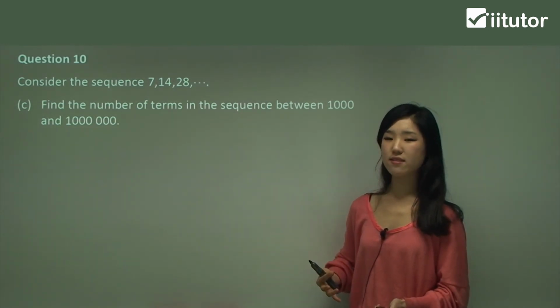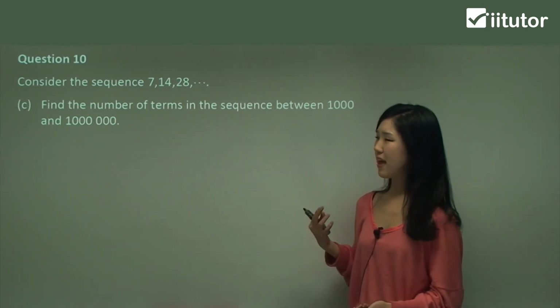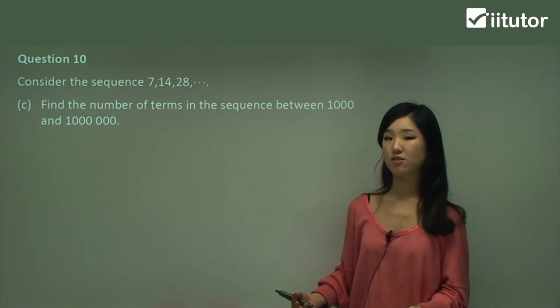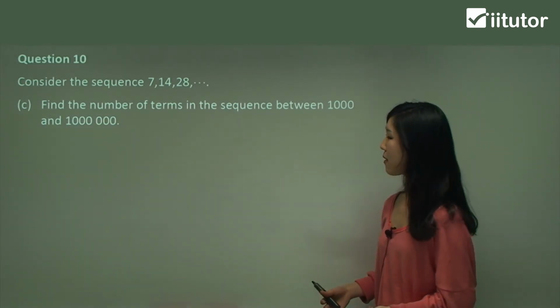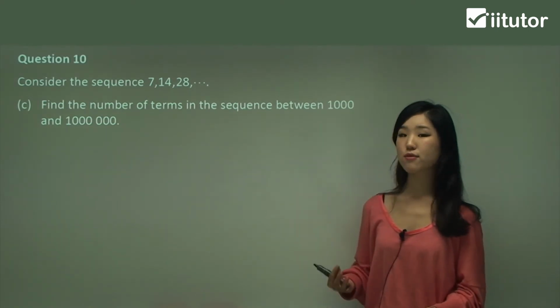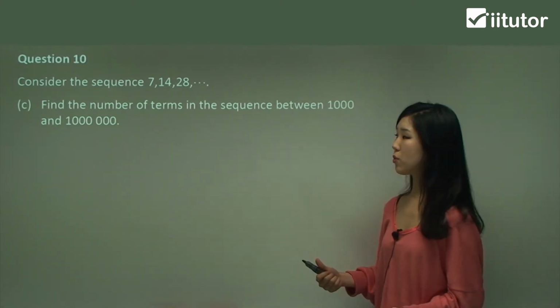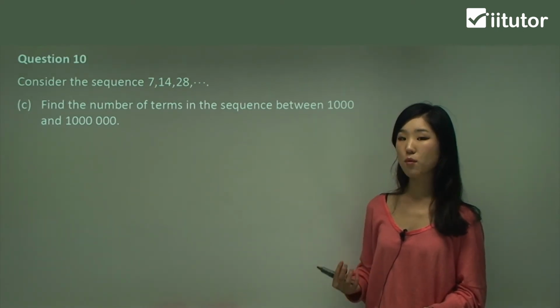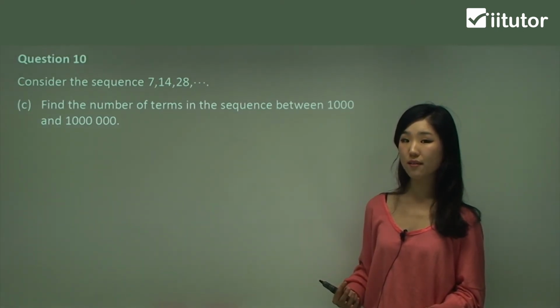And we found that it was the 18th term. And in part B we found the smallest 4-digit number, which was the 9th number.